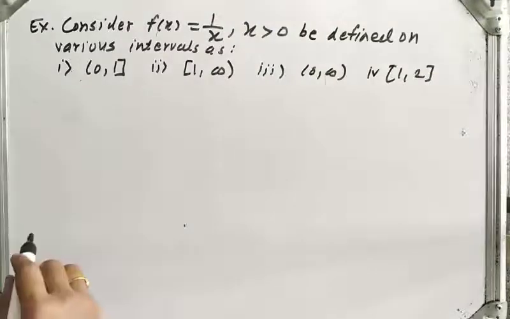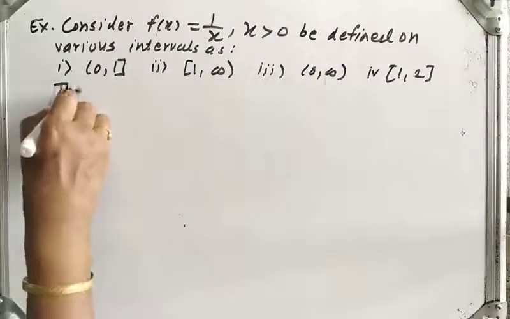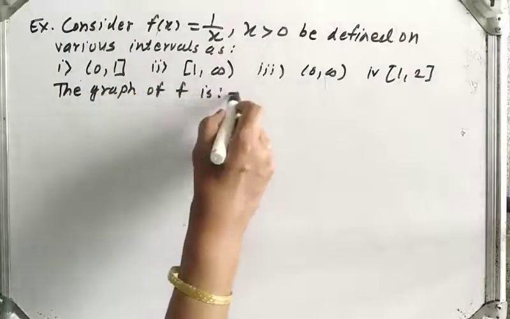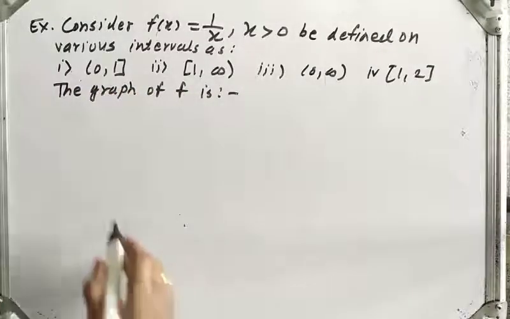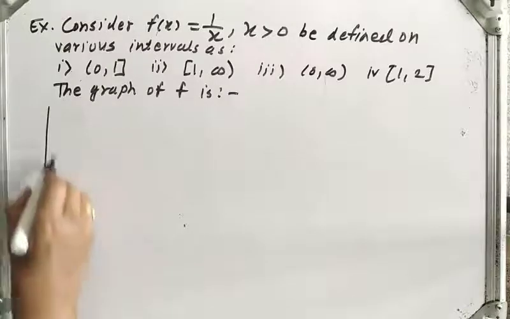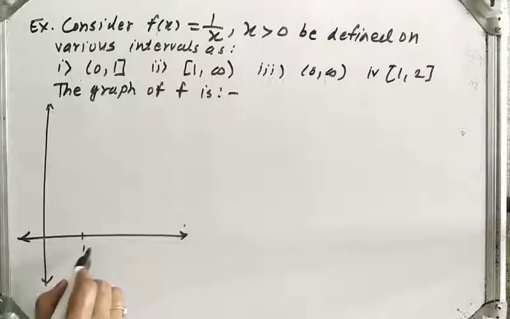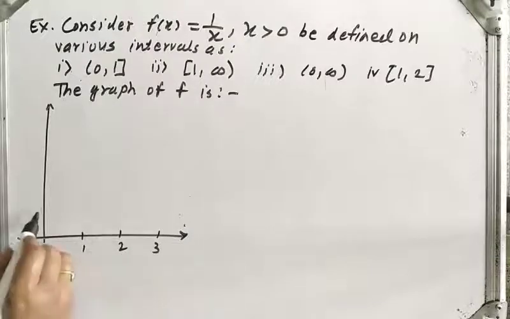So the graph of this function, the graph of f, f of x is equal to 1 upon x, is like this. With axes x and y, and marks 1, 2, 3.